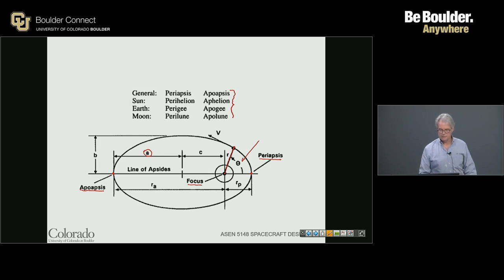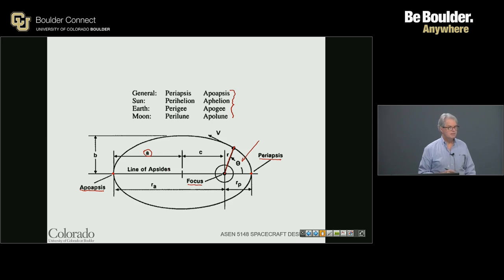So you can see that the true anomaly starts at 0 and goes out to 180 degrees and then comes back to periapsis. So you can imagine that if this were a less elliptical orbit, if things started to compress, then the semi-major axis starts to look more like, and when it finally gets there, the radius of a circle.